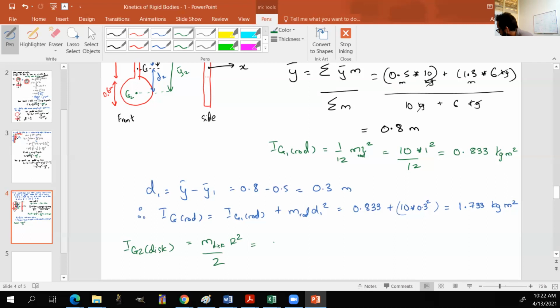So that's just going to equal, the mass is 6 kilograms, and the radius of the disk is told to be 0.3 squared. That divided by 2. And what is that equal to? 0.27 kilogram meter squared.